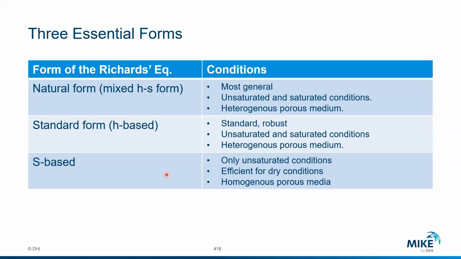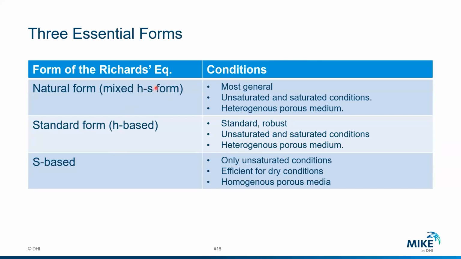And your second alternative, if this option fails because of the complexity of your problem settings, is to work with what we call the natural form, which is the mixed form between head and saturation. Why do we need a change? In the first form, the key parameter to be solved, the process variable, is head.